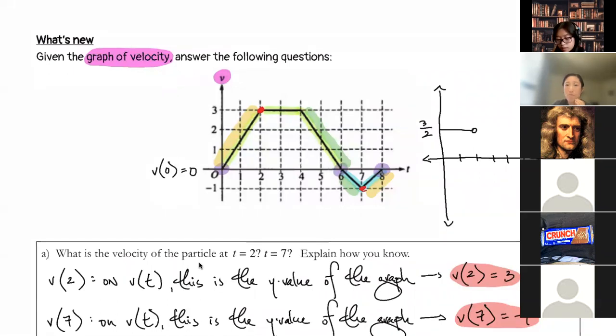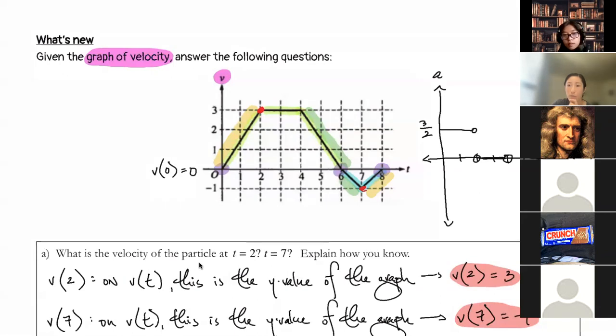Okay. What would I graph from 2 to 4? Like what y value would be on this acceleration graph? 0. And so I'm going to go here. I'm going to say 2 to 4 is going to be right at 0. Okay.